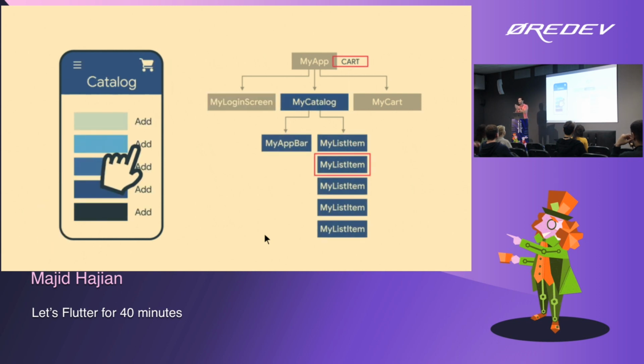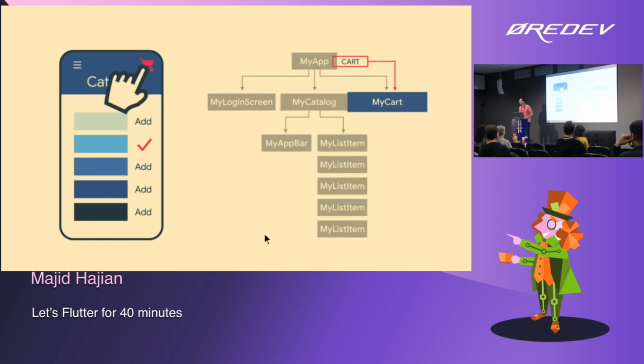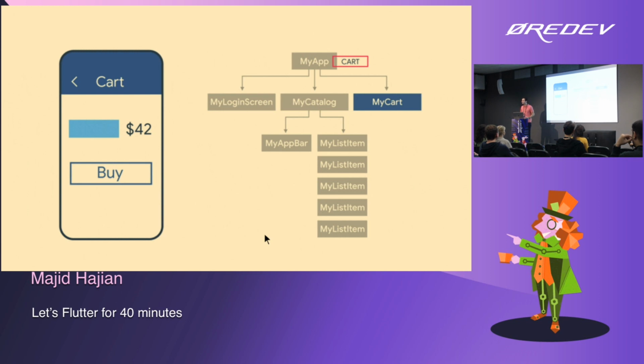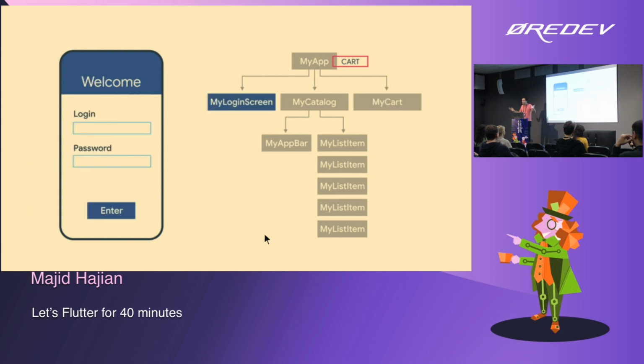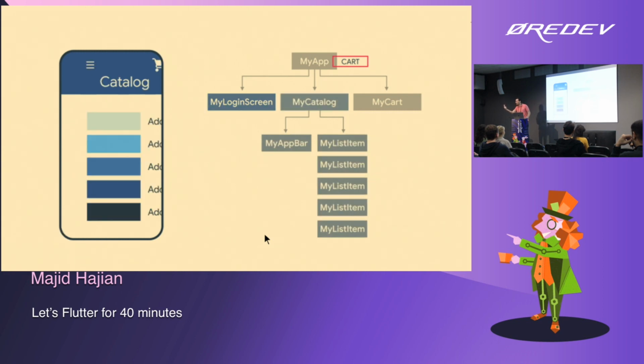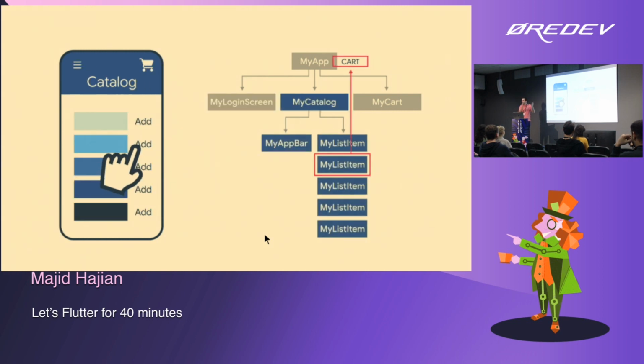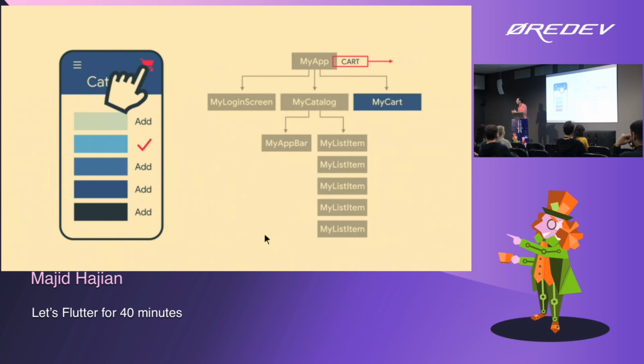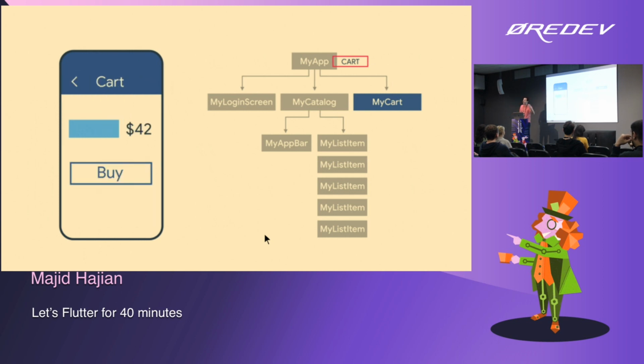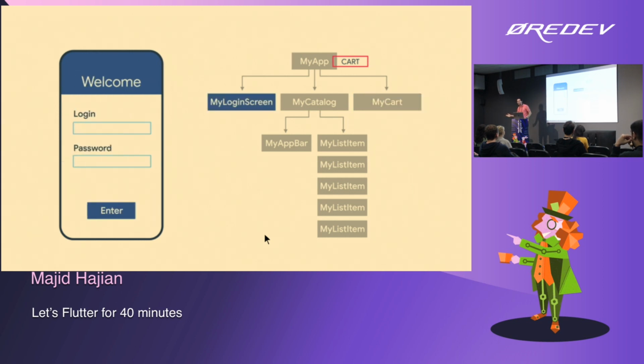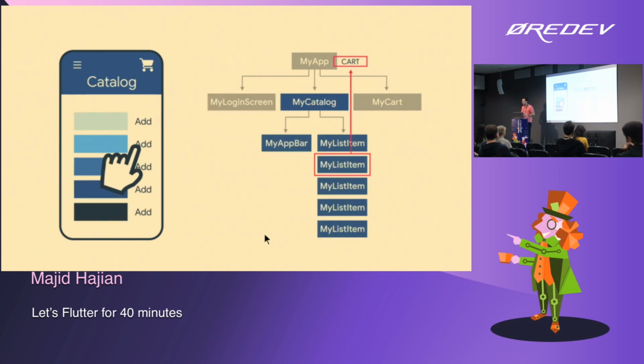So who can tell me how many types of components we usually have in front end? It's two types. Either the components are stateless, they just render something, or they have some state. In front end we say dumb component and smart component, or whatever name you want to use, right? And in Flutter it is exactly the same.